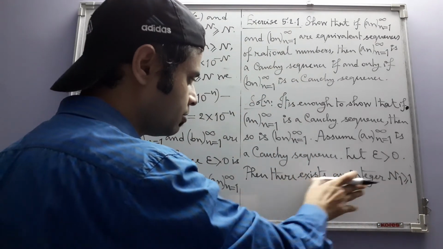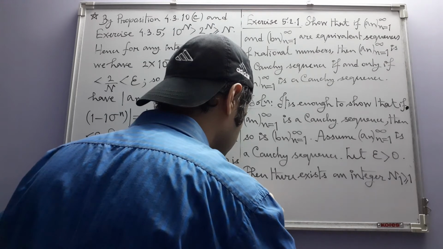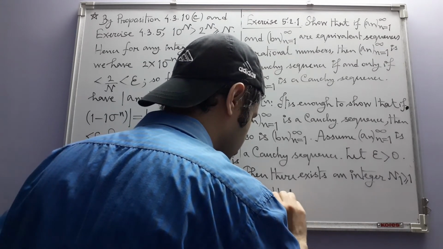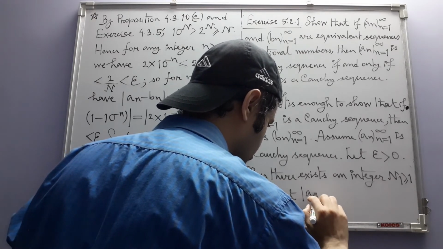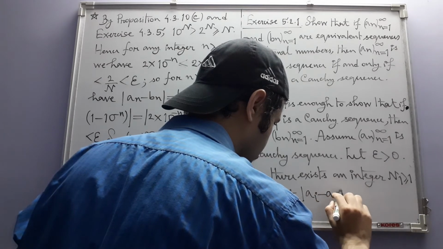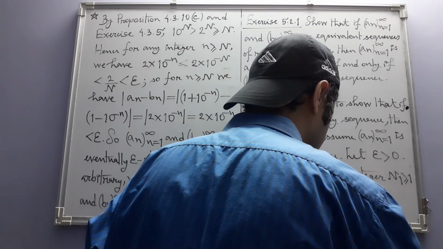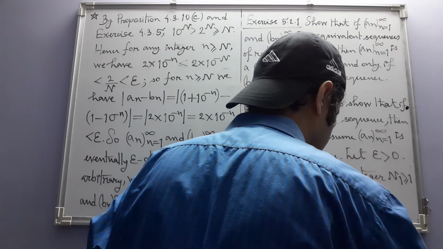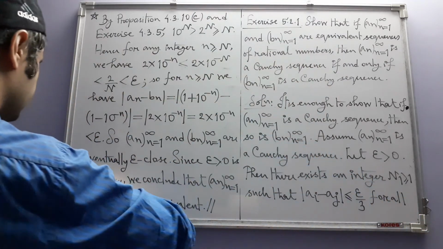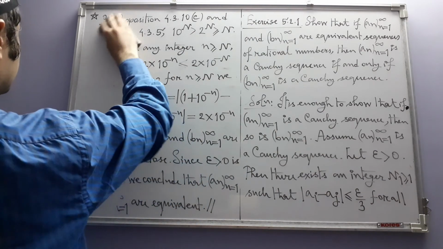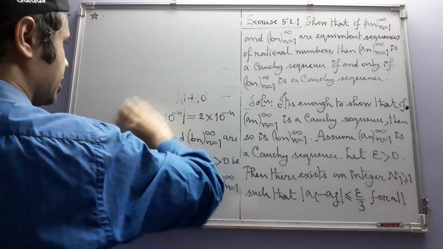I am going to write the condition for an being a Cauchy sequence such that the distance between the terms ai and aj is less than or equal to epsilon by 3 for all integers i and j greater than or equal to n1. It's only about the sequence an and the fact that it is Cauchy.